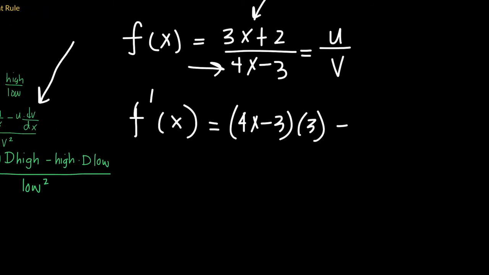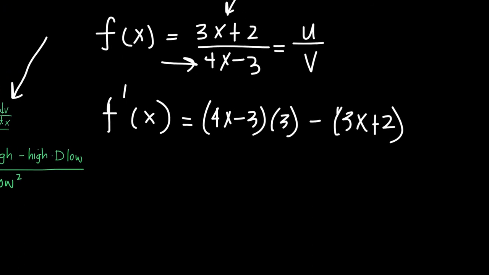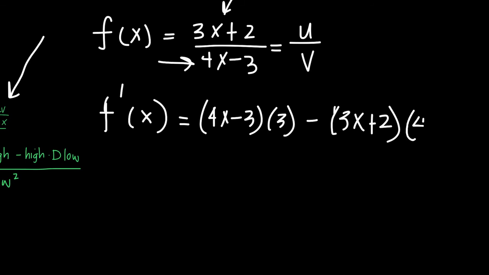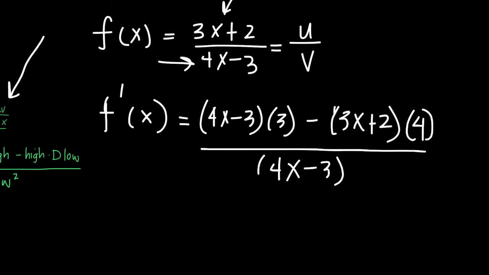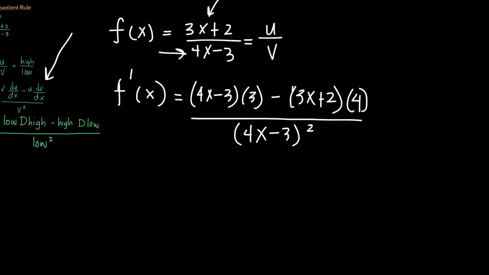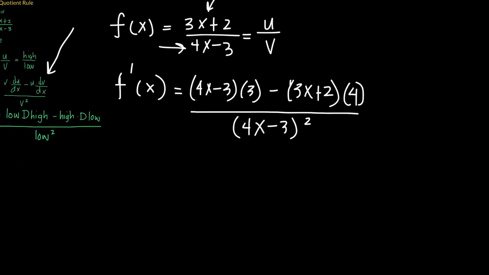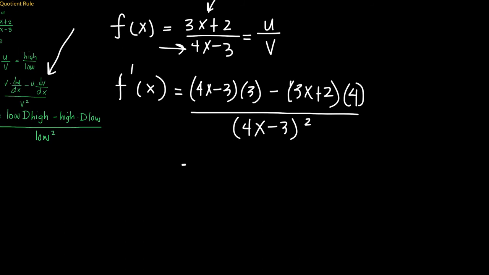So that's u is 3x plus 2, multiplied by the derivative of the v, which is equal to 4. And then everything divided by the square of the v, or the low, we have 4x minus 3 squared. So by simply following the formula for the quotient rule, we were able to come up with the expression for the derivative. Now the next thing to do is to simplify what we have.